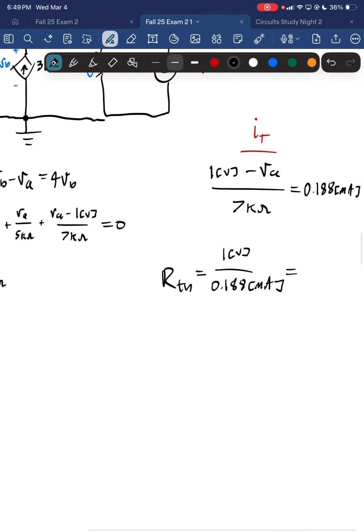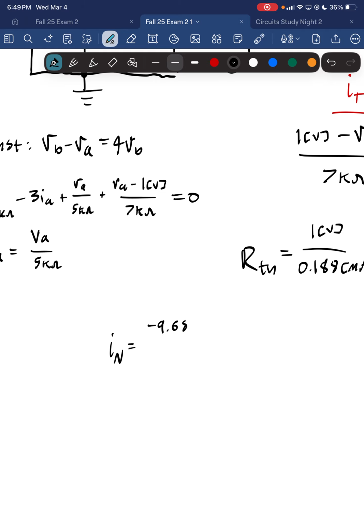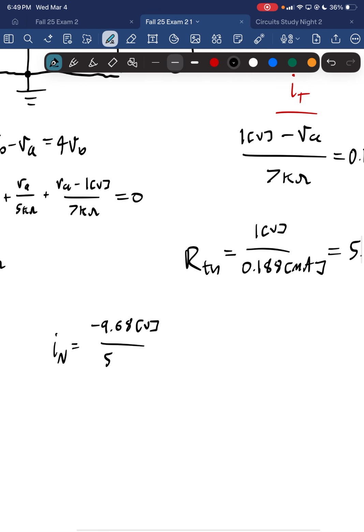Okay, now last step before we draw our Thevenin or Norton equivalent is to find our Norton current, which is just going to be V Thevenin, negative 9.68 volts, divided by 5.306 kiloohms, which is going to be negative 1.824 milliamps.